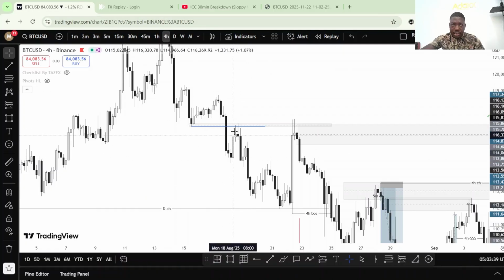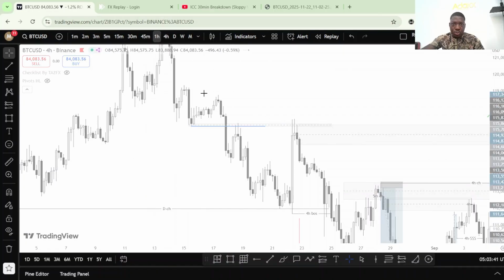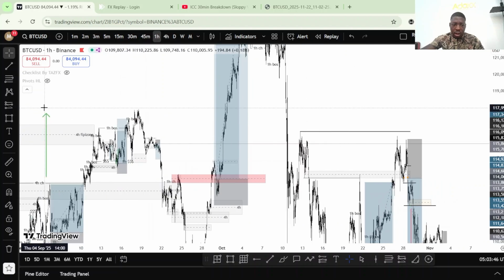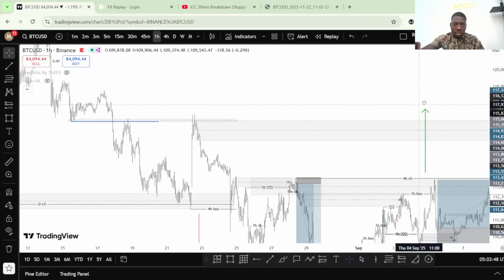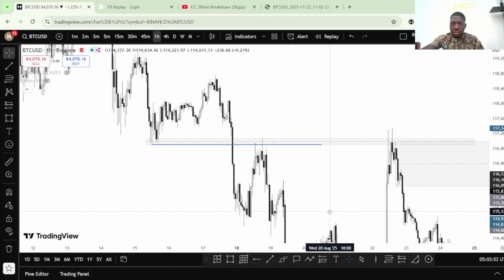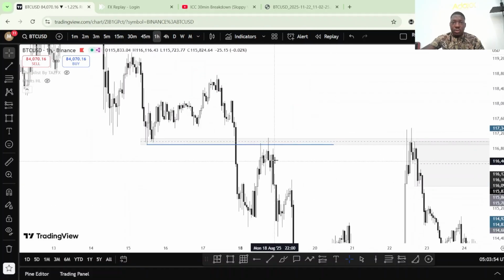Price is correcting back here to this level. Let's see what happens on the 1 hour. If you look closely on the 1 hour, we did not get that candle close within or even on the level.